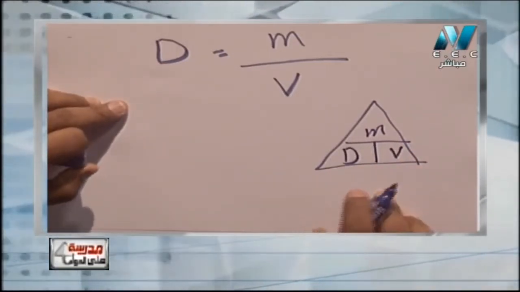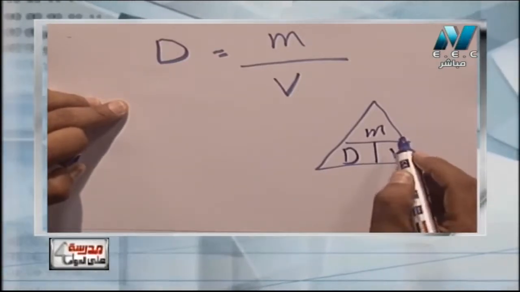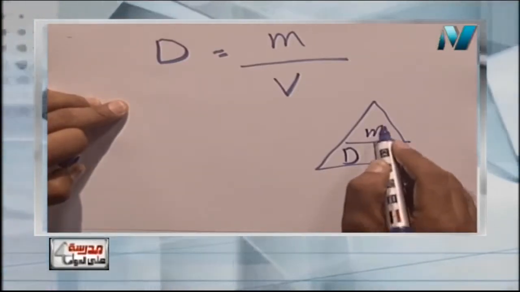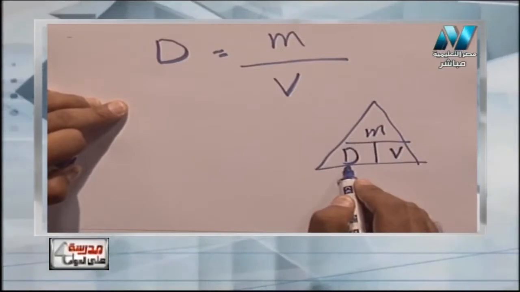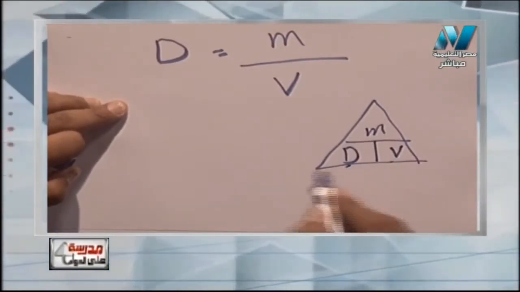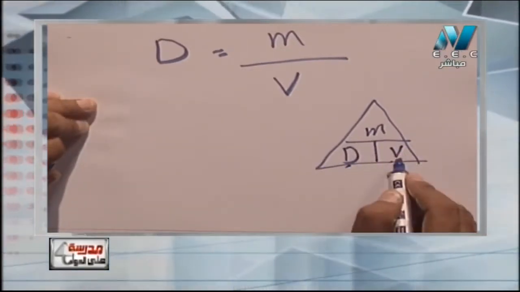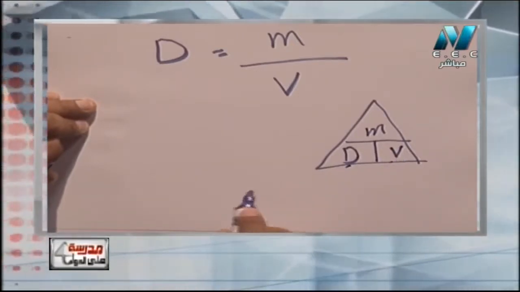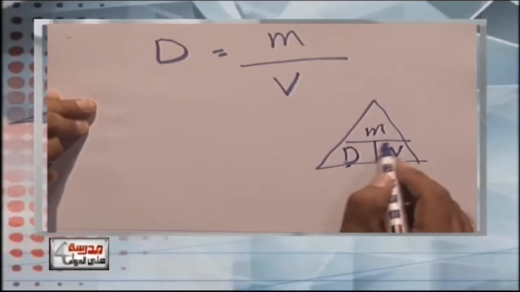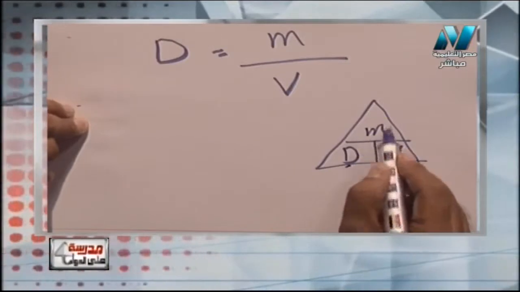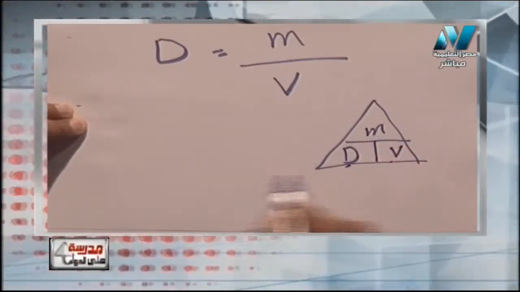So if I want to get mass and I have density and volume, I say mass equals density times volume. If I want to get volume, I say mass over density equals volume.